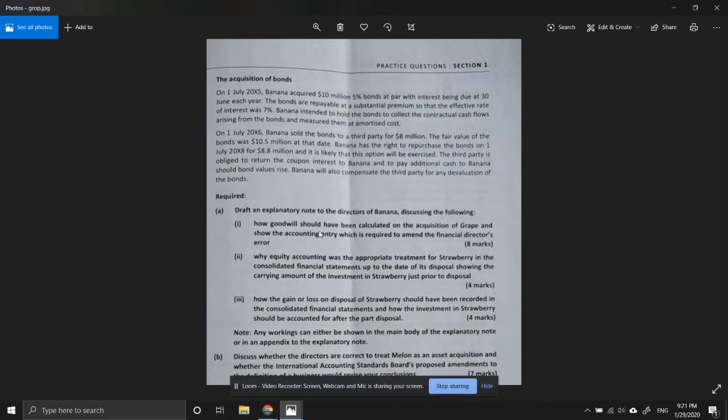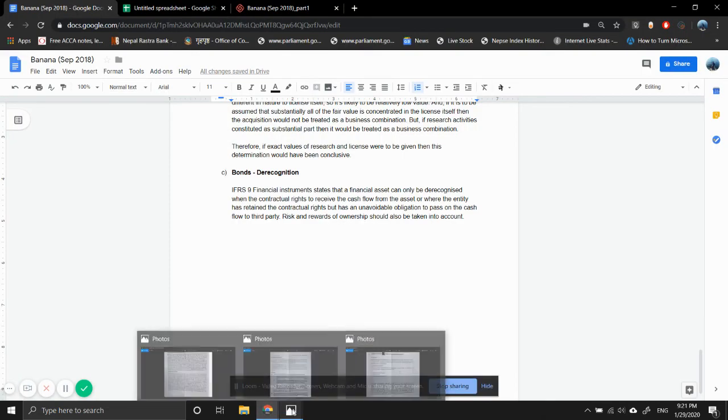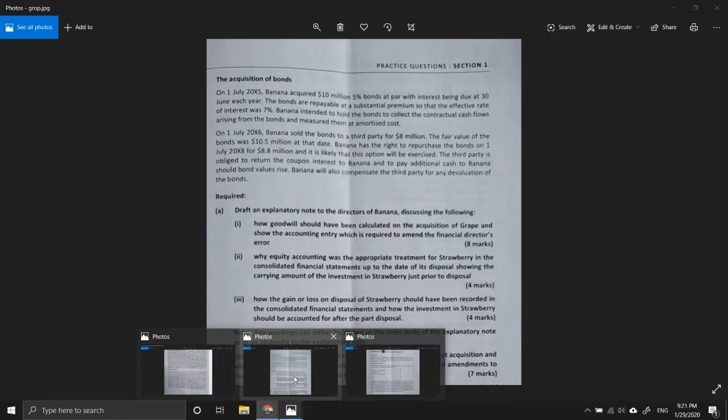The third party is obliged to return the coupon interest to Banana, and to pay additional cash to Banana should bond values rise. Banana will also compensate the third party for any devaluation of the bonds.